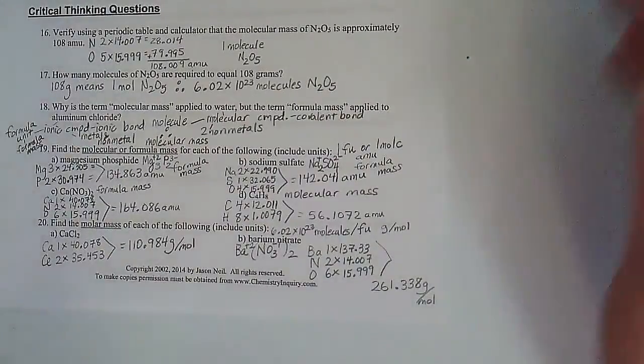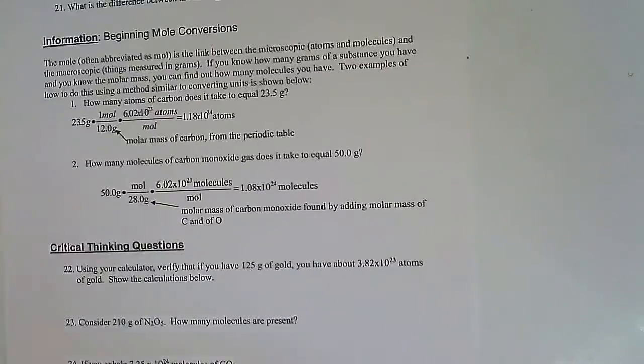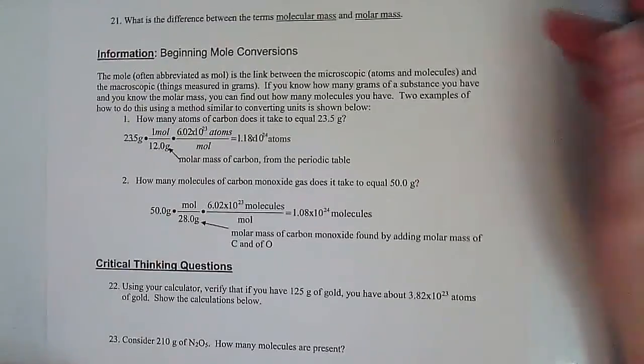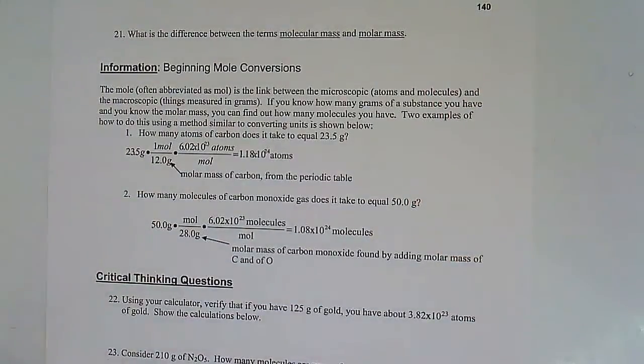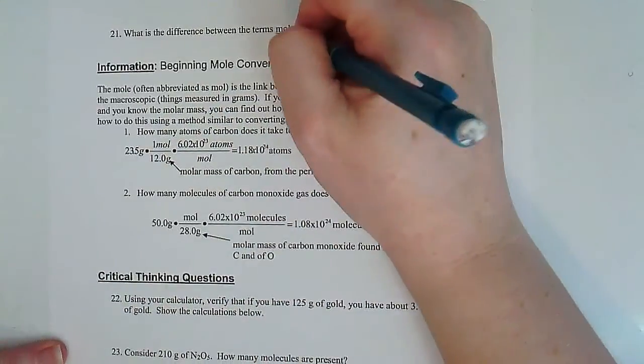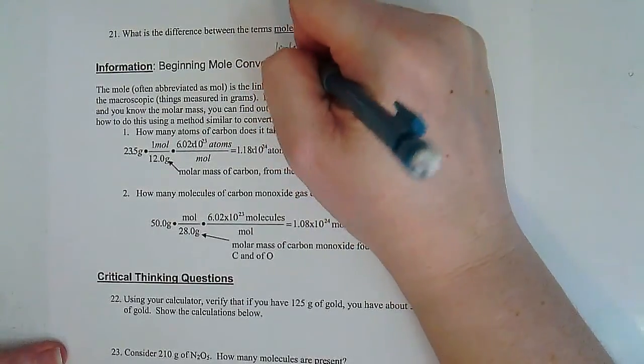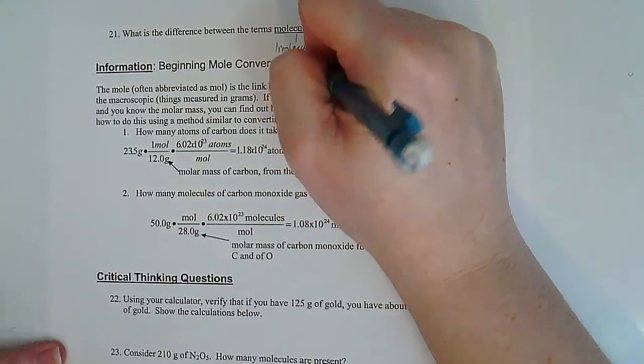The difference is what unit I need to express them in. Okay. 21, what is the difference between the terms molecular mass and molar mass? Right? Molecular mass means we're going to be talking about just one molecule. So this is one molecule. And I'm going to have units of AMUs.